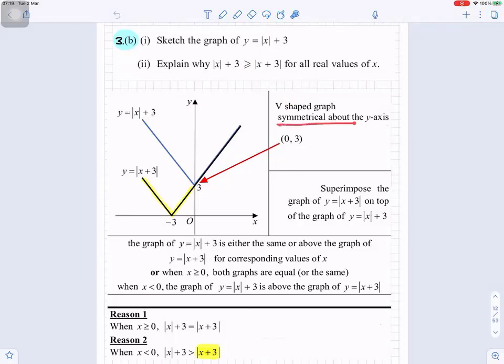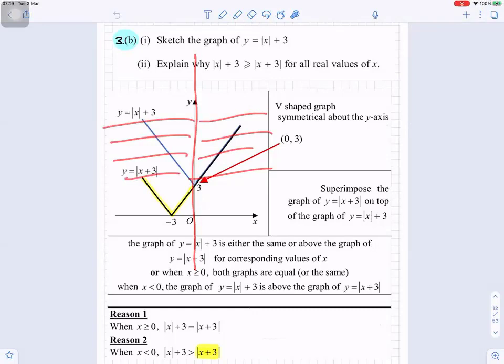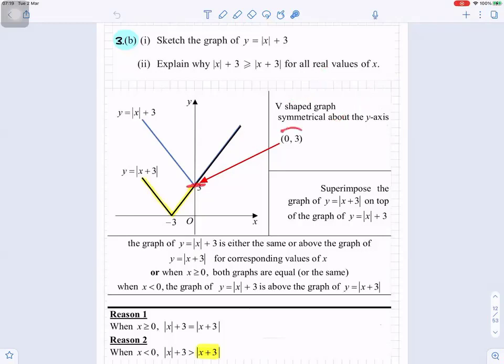And it has to be symmetrical about the y-axis. That means you put the y-axis in the middle. The right side should be the same as the left side. That's what symmetrical means. And it has to be a V shape. Very important. And you also have to mark where it crosses the y-axis, 0, 3. Very, very important. That's what gives you the mark.